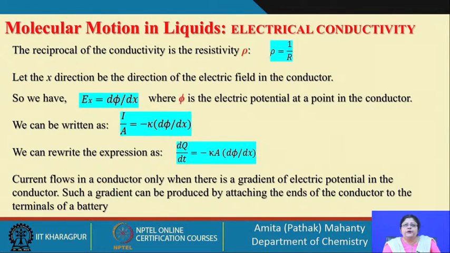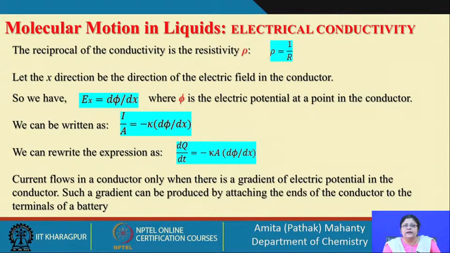Now, the reciprocal of conductivity, if you remember, is known as the resistivity. Resistivity rho is 1 by kappa. Now, this R is actually the resistance.